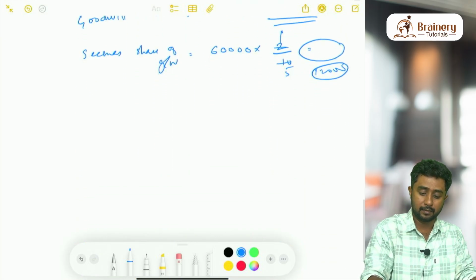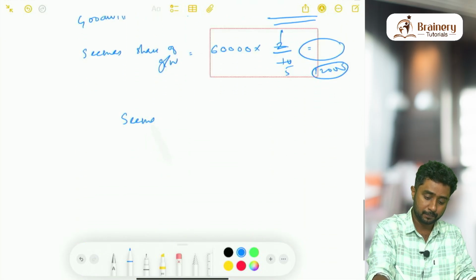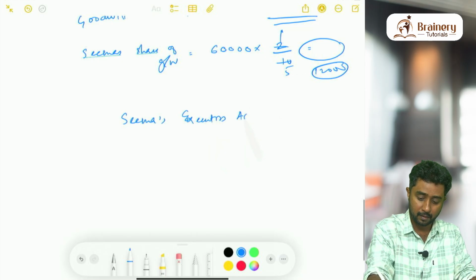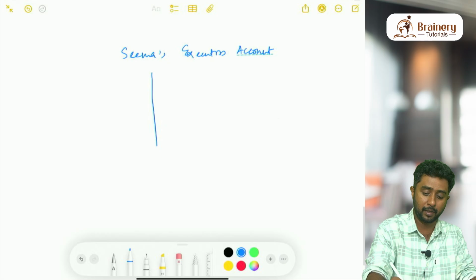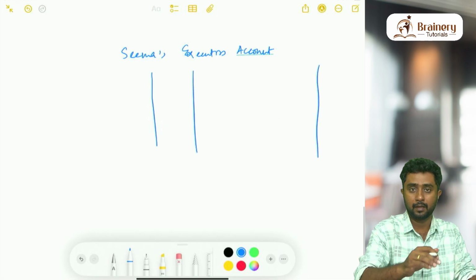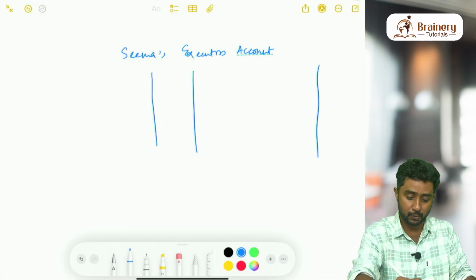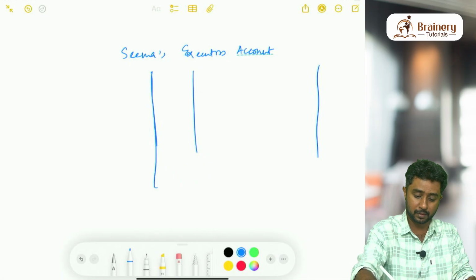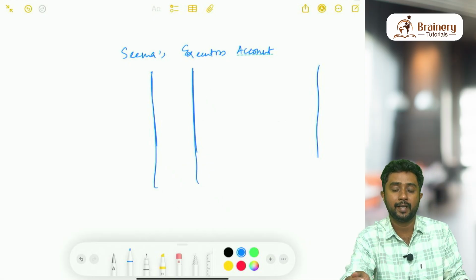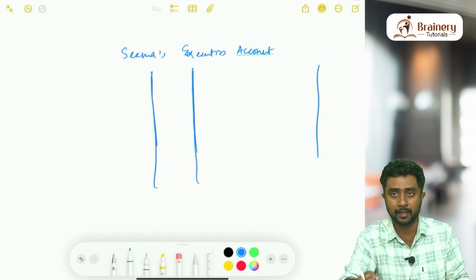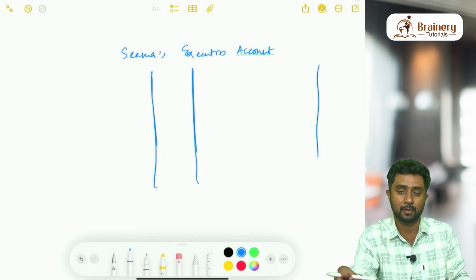Next step, we have to draw Seema's executors account. Now the doubt you are having is that they have not said anything about the payment of the executors account. The executors account which you know, or which you have done the most, is where we are going to pay some interest to the executors, so we prepare the executors account and settle the entire amount in 1 or 2 years.